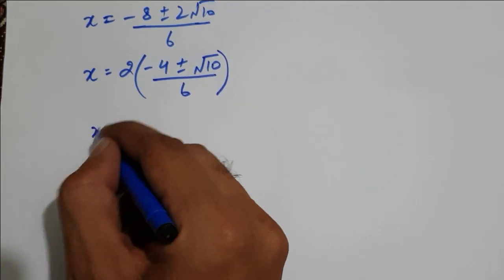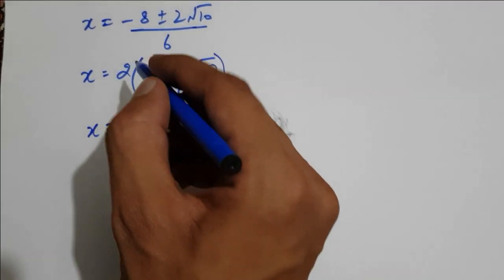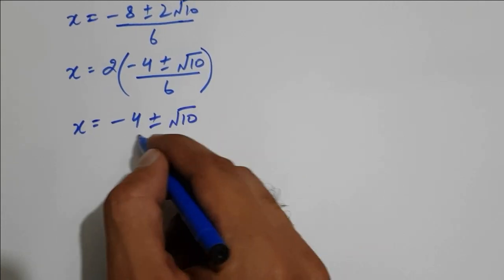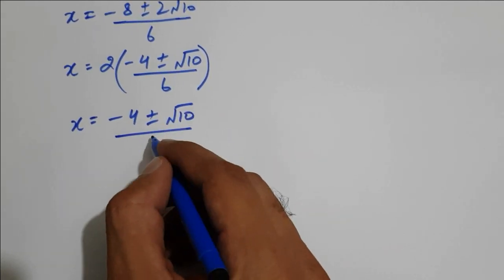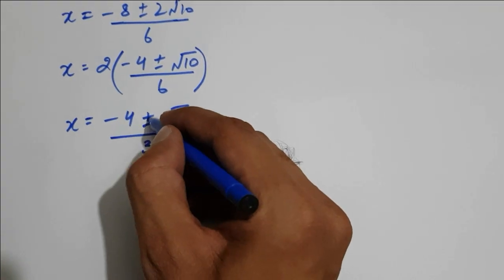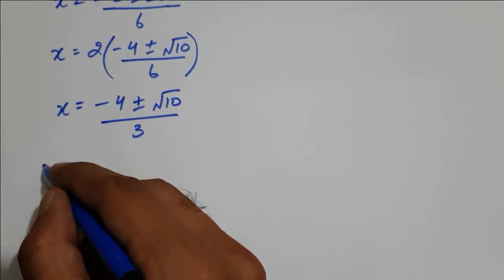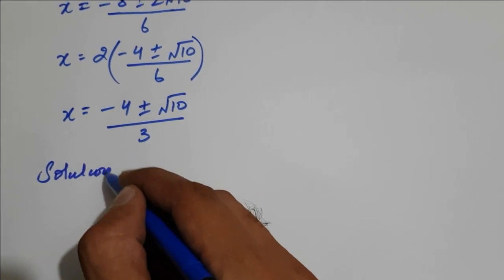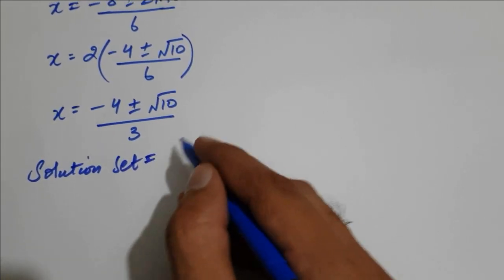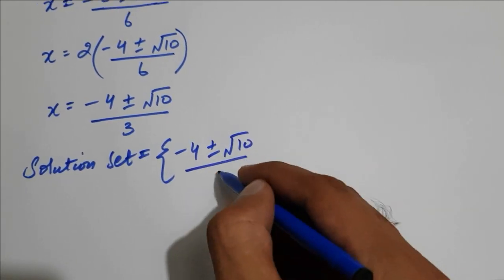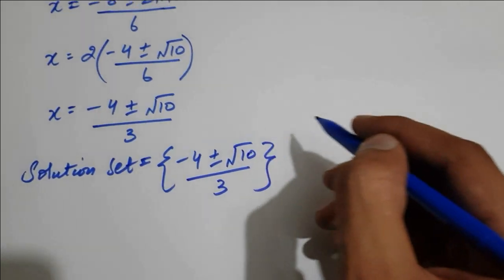Here we can cancel 2 and 6 and we get minus 4 plus minus square root 10 over 3. So in this way we get two roots or two values of x. We can write the solution set as minus 4 plus minus square root 10 over 3.